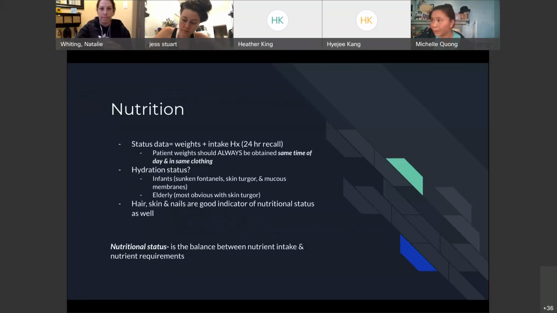Okay, nutrition. So status data is weights and intake history. The intake history is usually done by a 24-hour recall food journal of what they ate in the last 24 hours, right? Patient weights should always be obtained at the same time of day and in the same clothing, if possible.